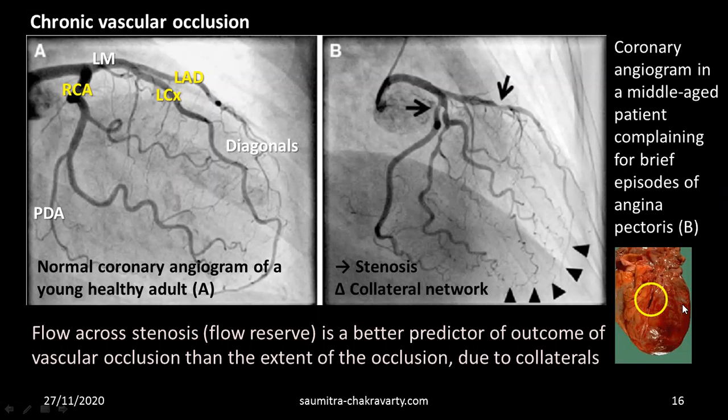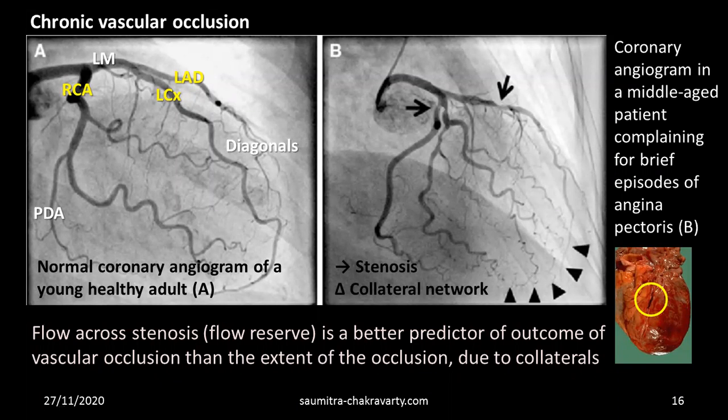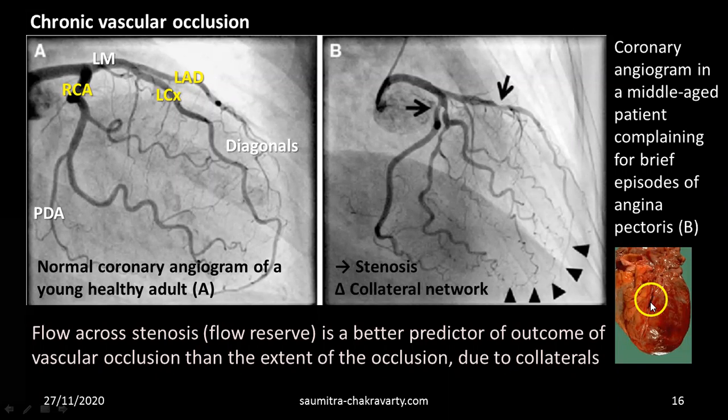Can anyone tell me what this is? No, this is not necrosis, this is a thrombus. Yes, a clot, a thrombus, and it was looking like this when the angiogram was done.